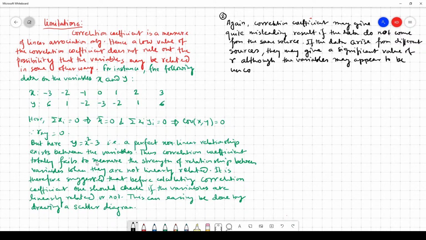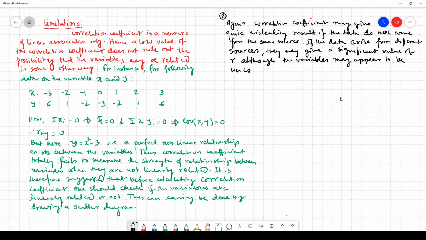And the second point is, if data come from different sources and you gather all the data, then sometimes you can get a misleading result, because the data came from different sources, so they are automatically independent.